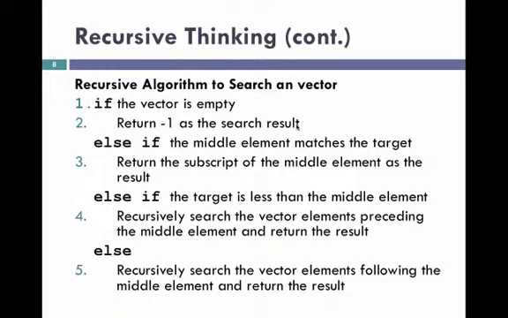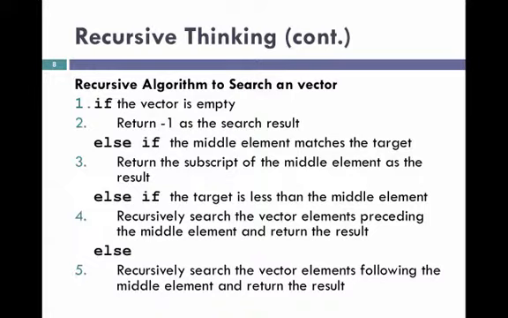Here's a recursive algorithm to search a vector. Okay, so here's some pseudocode of what we just described. If the vector is empty, then we return -1 as the search result. That implies not found. Else, if the middle element matches the target element, then we return the subscript of the middle element as the result, and we're finished.